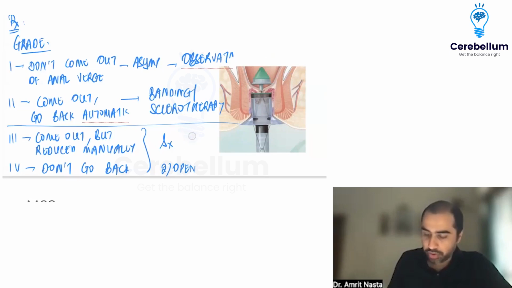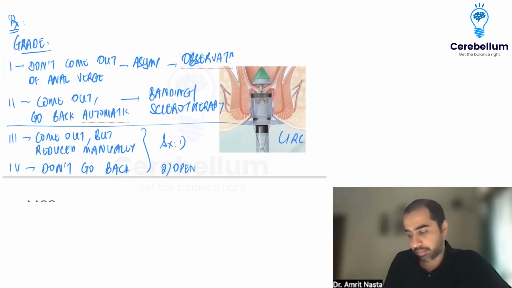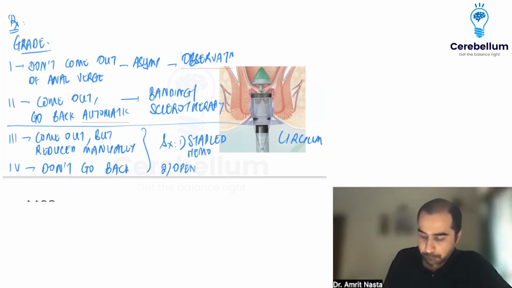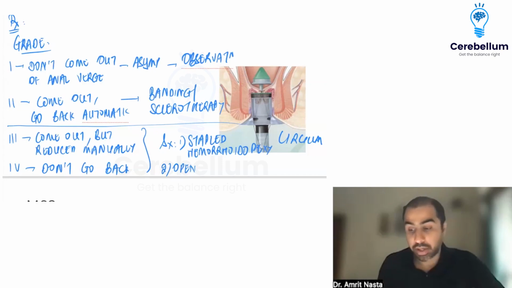So one of the treatments that you see here is with the help of a stapler. This is a circular stapler. This treatment is called stapled hemorrhoidopexy. Okay, it is pexy. It is not ectomy.